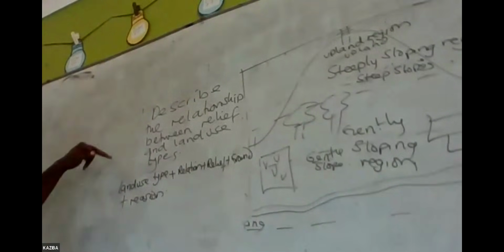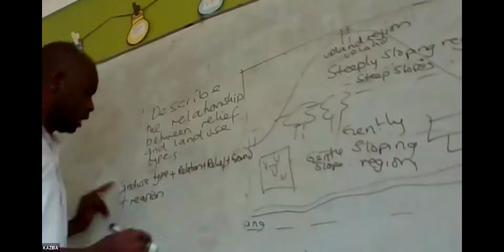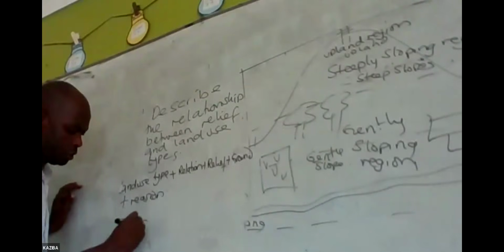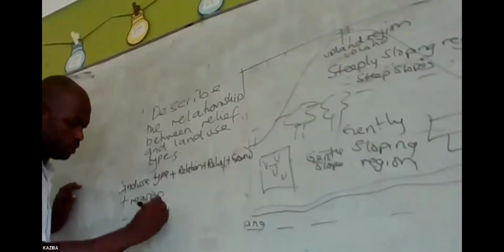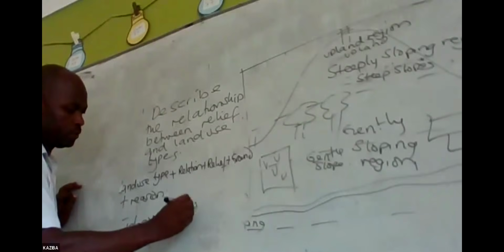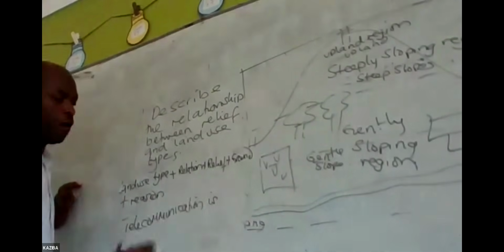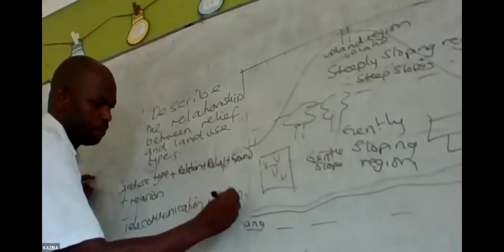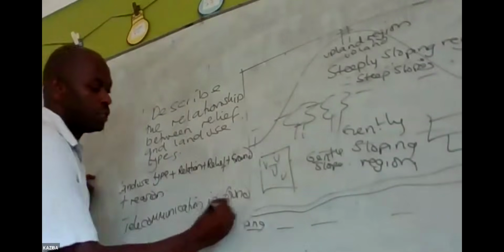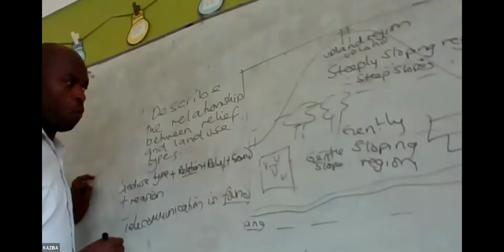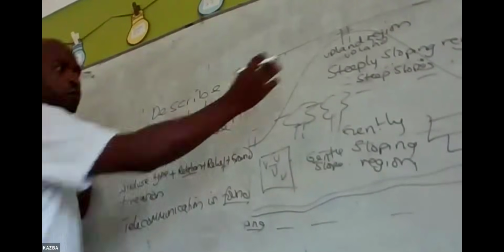So you give a land use, for example, if you look at this hilltop, you say telecommunication is found. Found is the relationship. Where, on which relief?